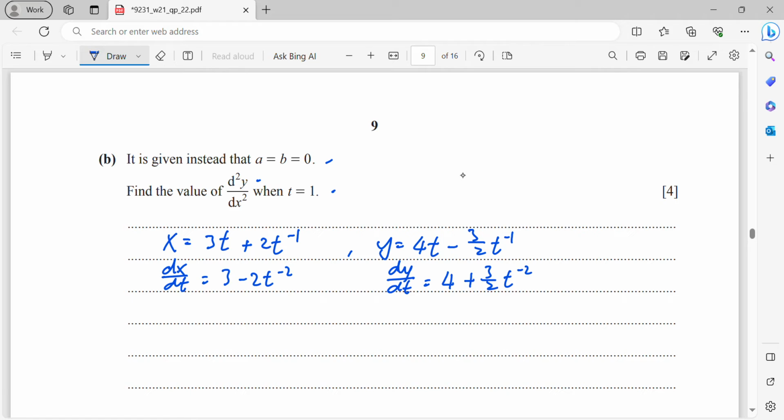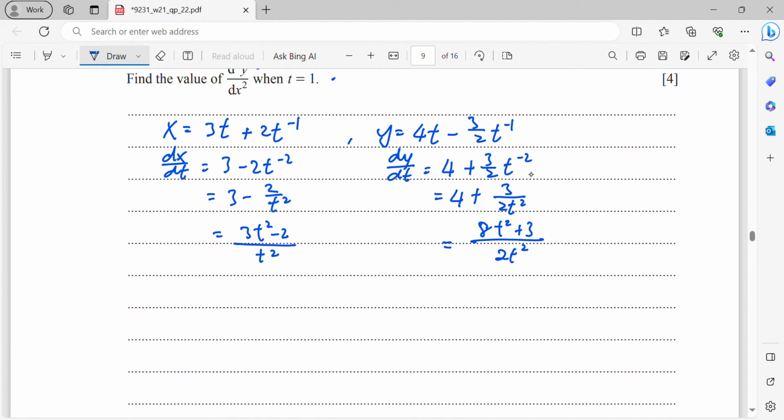Now, since we need to get dy dx first, that means it is going to be the chain rule. So I better simplify my t to the power of negative 2. So I change to 3 minus 2 over t squared, and this is 4 plus 3 over 2t squared. Then I get the same denominator. So here it is going to be 3t squared minus 2 over t squared, and for the dy dt, it's going to be 8t squared plus 3 over 2t squared.